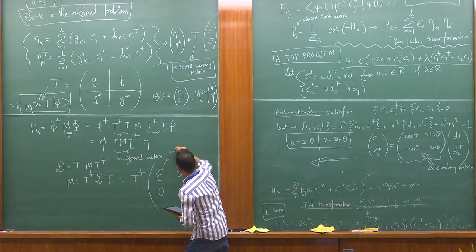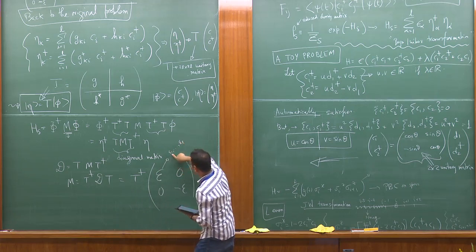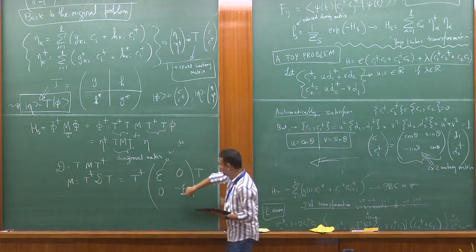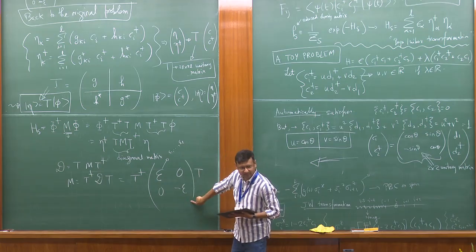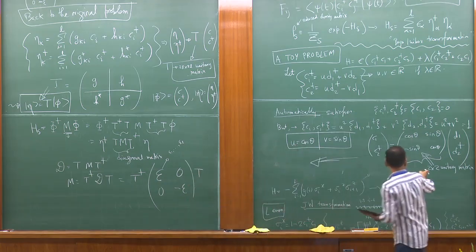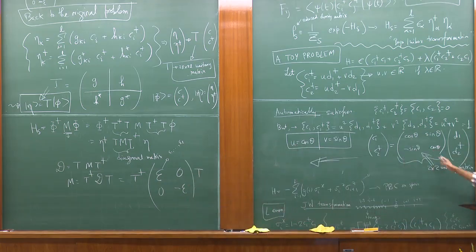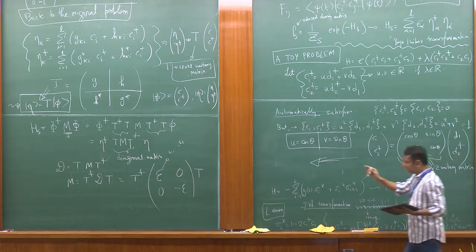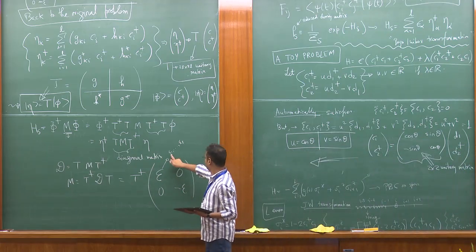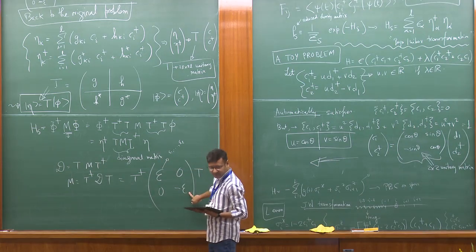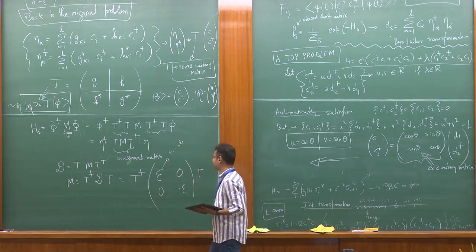So epsilon 1 till epsilon n. For any epsilon 1 here, there would be a minus epsilon 1. For any epsilon 2 here, there would be a minus epsilon 2, and so on. Because it's just a direct generalization of this problem here. Okay, so the point is, here the things came in pairs. Here also the things would come exactly in pairs. Okay, so for every epsilon 1, there would be a minus epsilon 1. For every epsilon 2, there will be a minus epsilon 2, and so on.